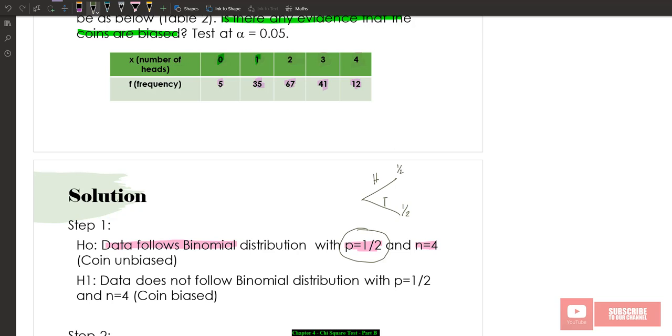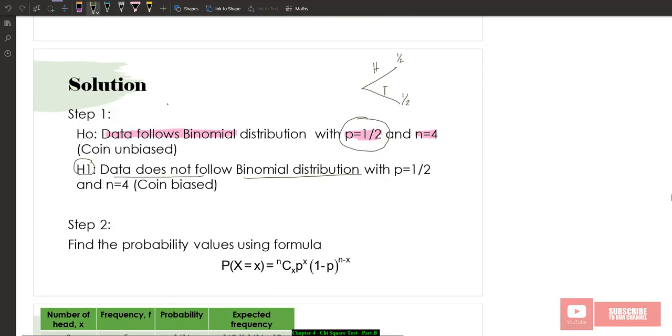Now the alternative hypothesis: data does not follow binomial distribution with p equal to 1/2 and n equal to 4.